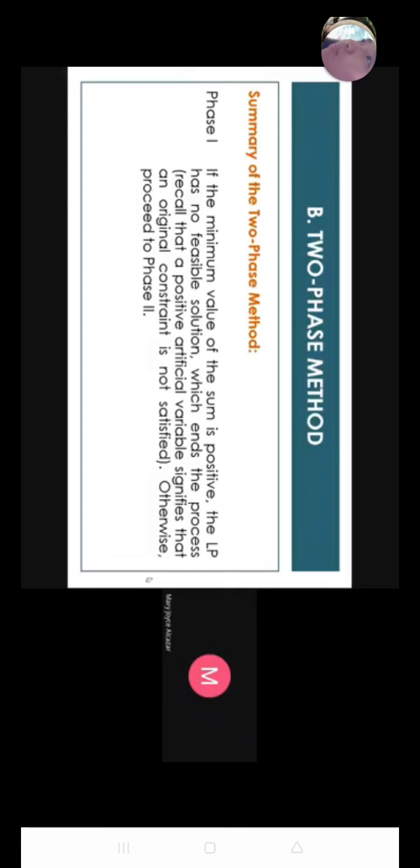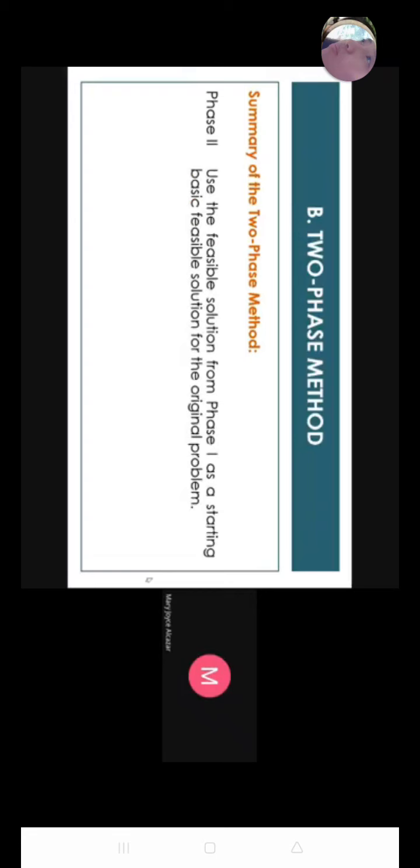Recall that a positive artificial variable signifies that an original constraint is not satisfied. Otherwise, if the artificial variables are disposed or their values are 0, we can now proceed to phase 2. In phase 2, we use the feasible solution from phase 1 as a starting basic feasible solution for the original problem.